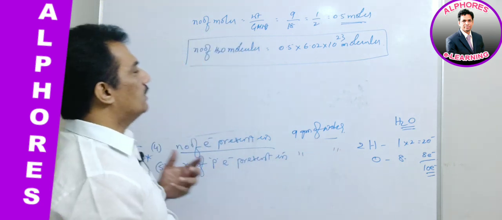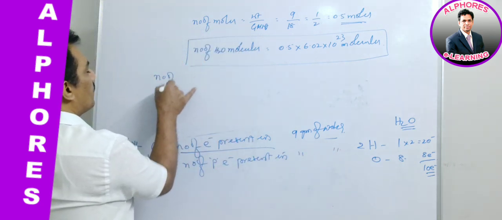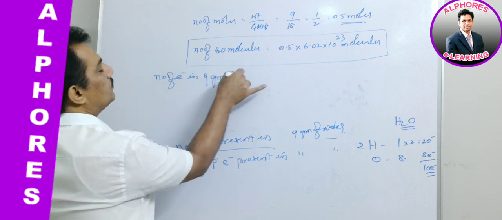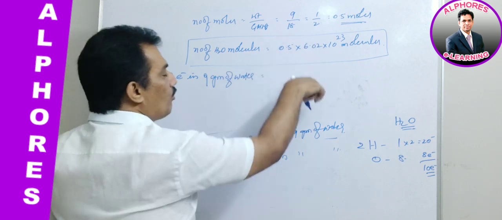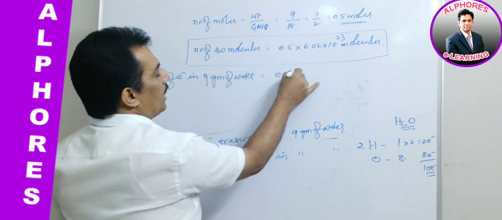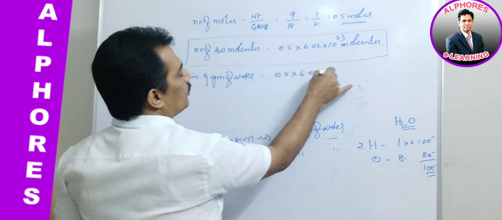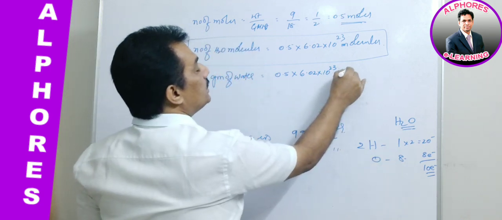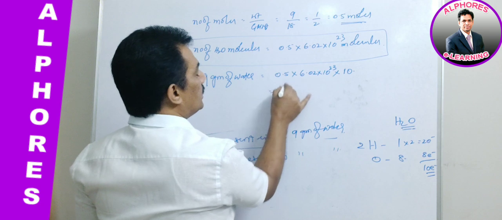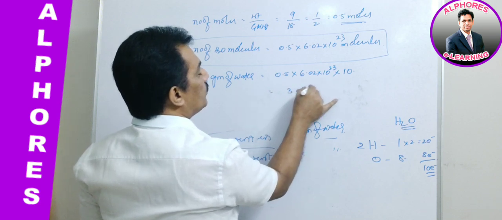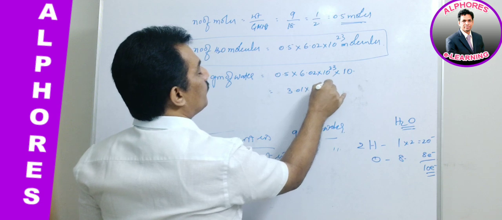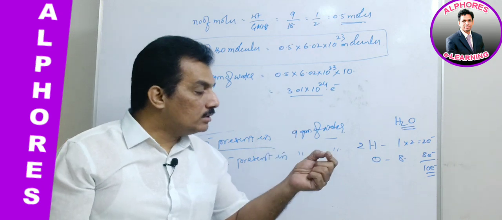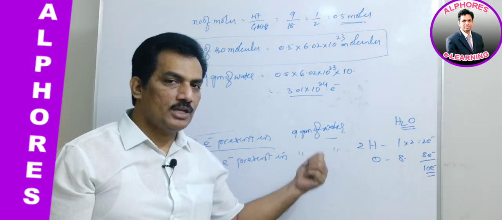And thereby the number of electrons in 9 grams of water is nothing but the number of molecules, 0.5 into 6.02 into 10 to the power of 23, into the number of electrons present in each molecule, that is nothing but 3.01 into 10 to the power of 24 electrons.